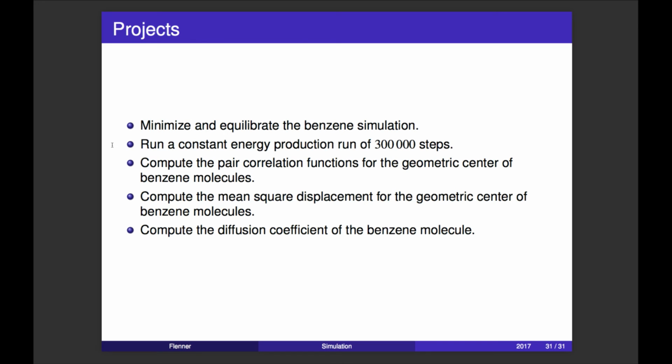So I think we're about done. For this afternoon, for the homework, I'd like you to equilibrate the benzene simulation. You can start it and run a constant energy run of 300,000 steps.